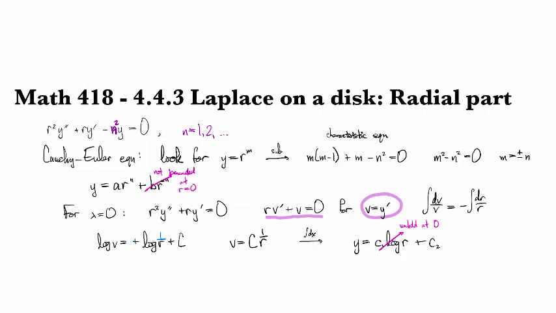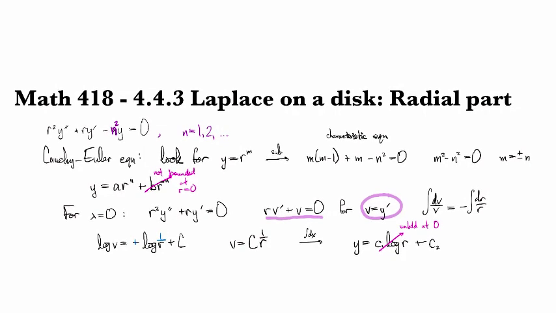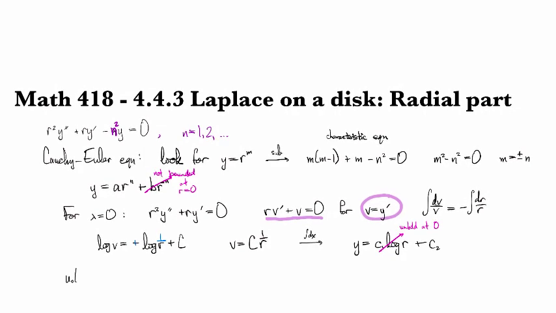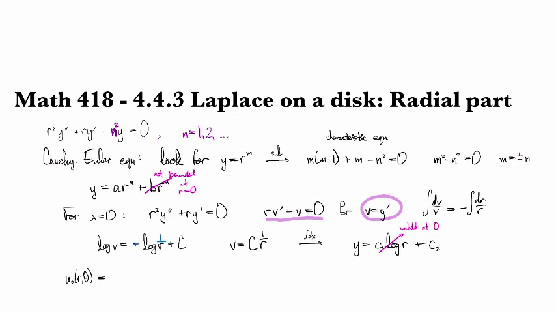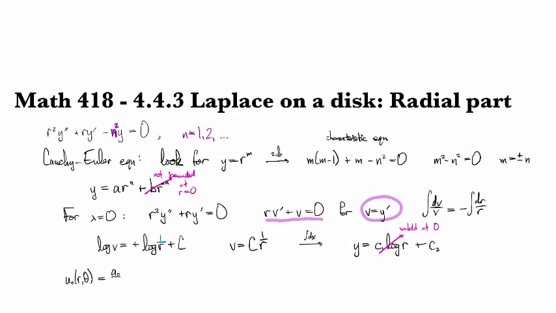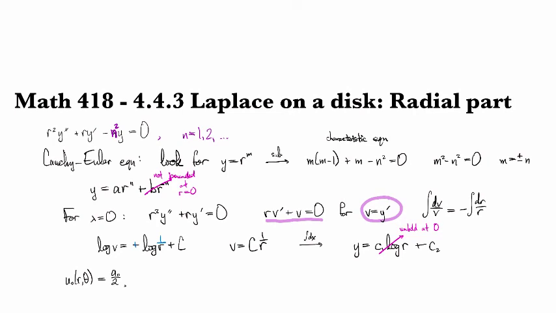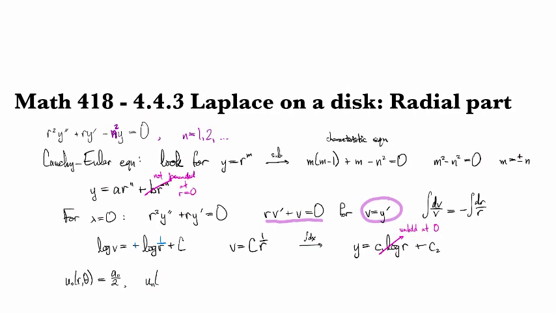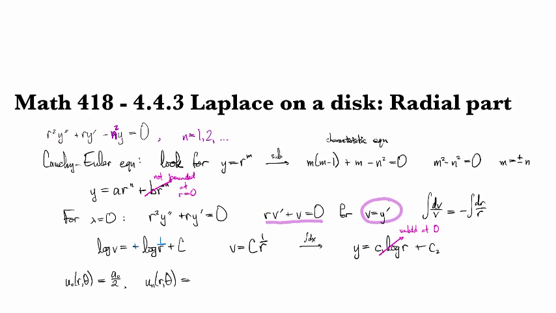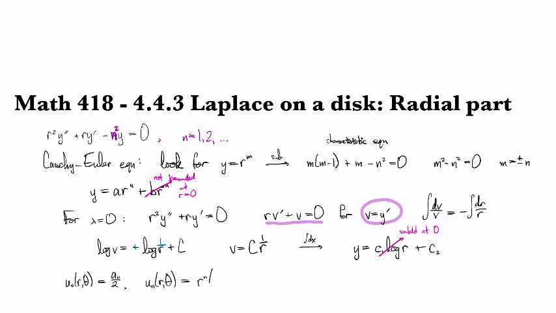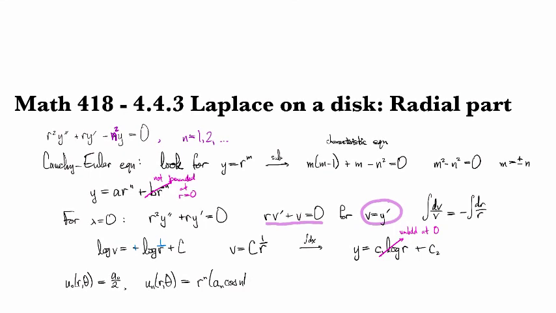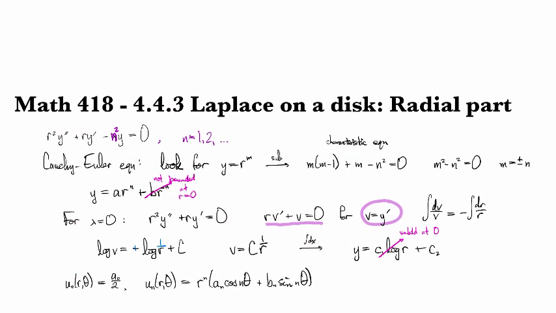Okay, so putting this together with what we've found already, we know that we've got a u0, which is just a constant, and it's convenient to normalize it with a 1/2. And then for the positive integer values of n, we have a solution that looks like the product of the radial part right here and the periodic part right here.